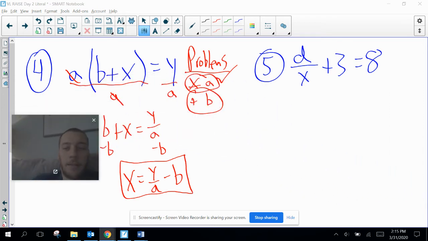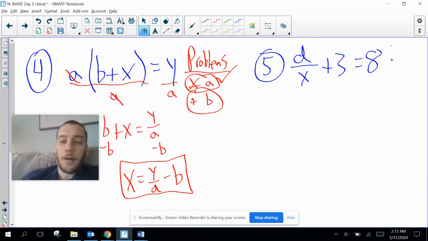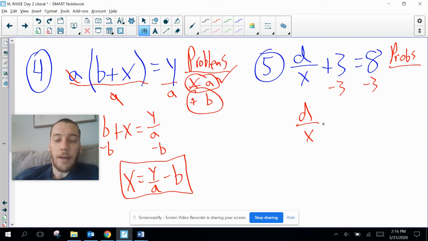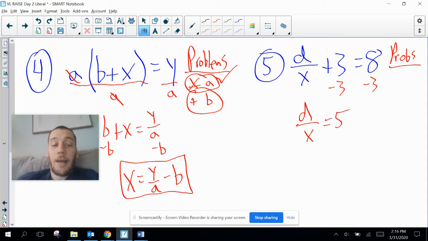And last one, making a list of problems. It's in the bottom. So if you want to get rid of something that's in the bottom, you need to multiply on both sides. First thing I want to do, though, is get rid of this 3. So after I subtract 3 on both sides, we've got d over x equals 5. Can't even make a list of problems until I get it into the numerator.